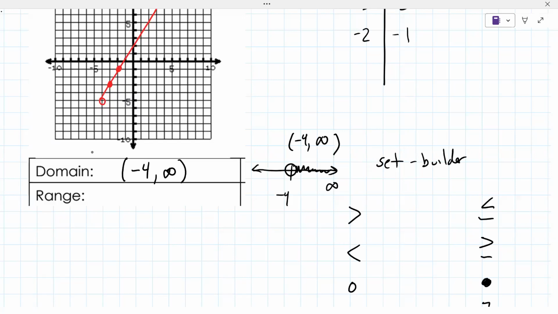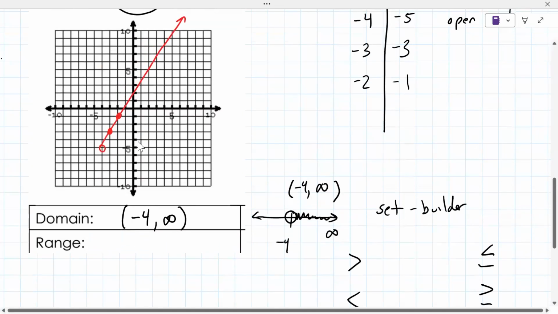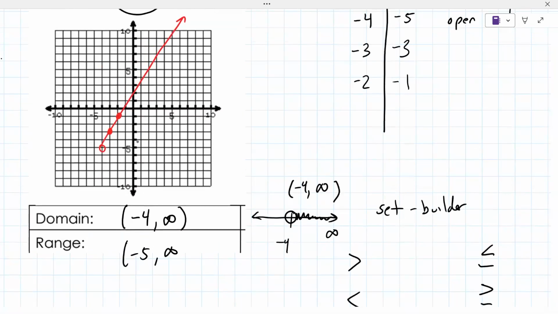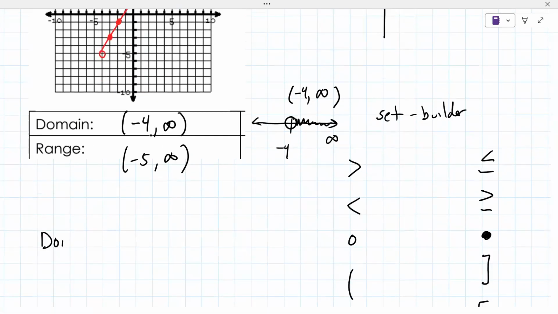And so for the range, I got parentheses -5 comma infinity parentheses, with the correction of the parentheses. Yeah, and that's good. Now for domain, we can use some words here that I think could be helpful. It's left to right.